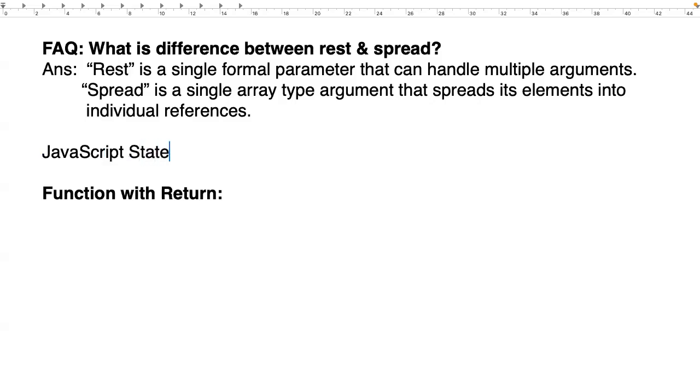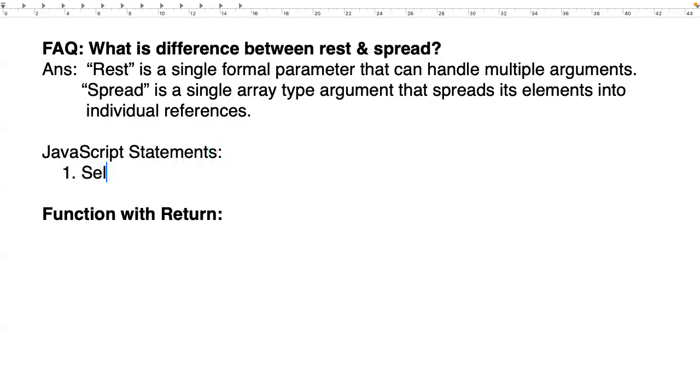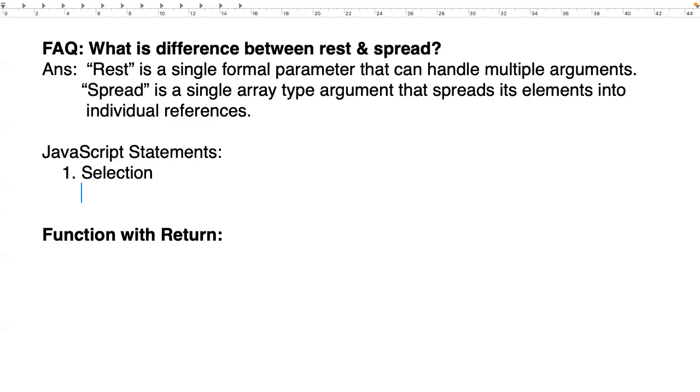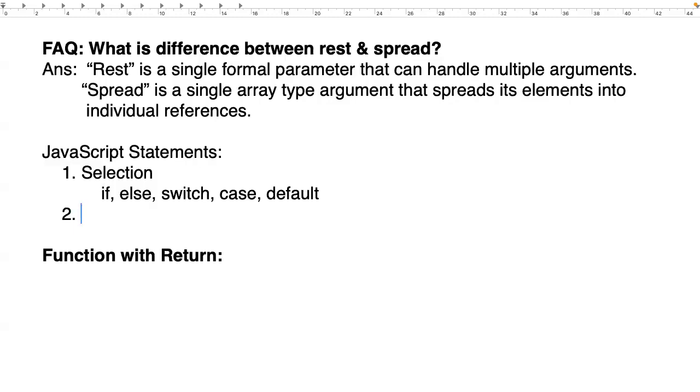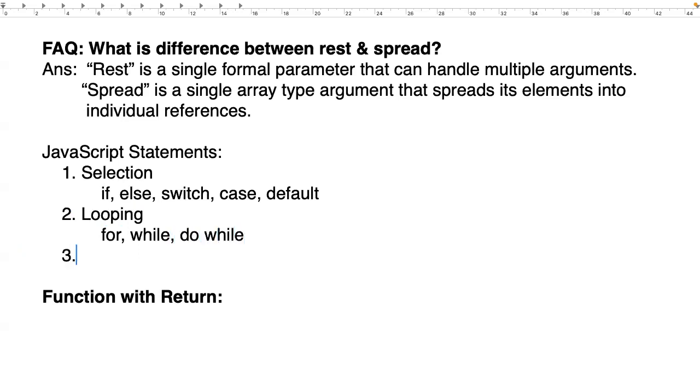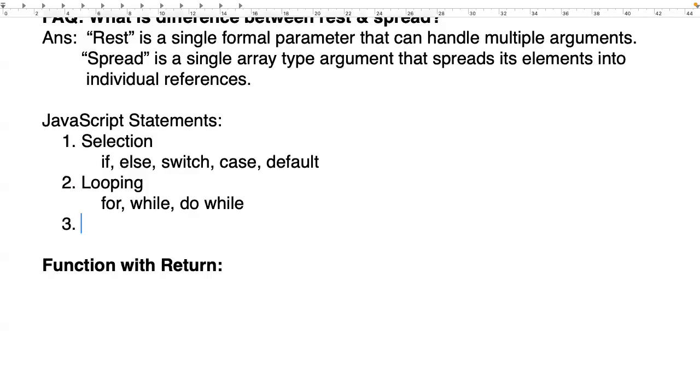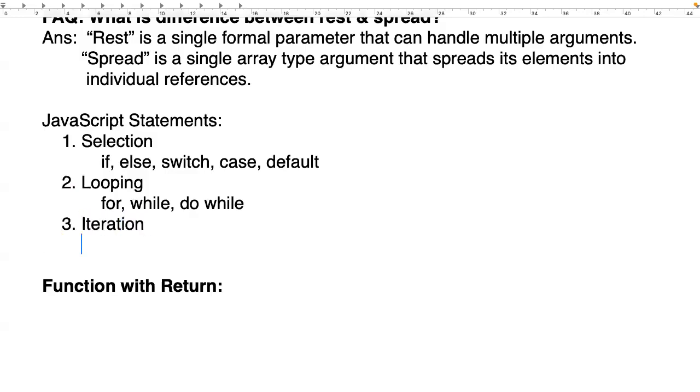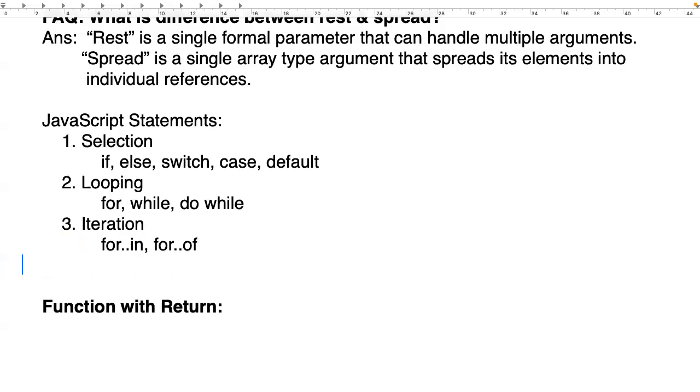JavaScript statements: we have selection. Selection statements mean if, else, switch, case, default. These are all selection statements. We have looping: for, while, do while. In JavaScript, iteration statements: for in is an iterator, for of is an iterator.